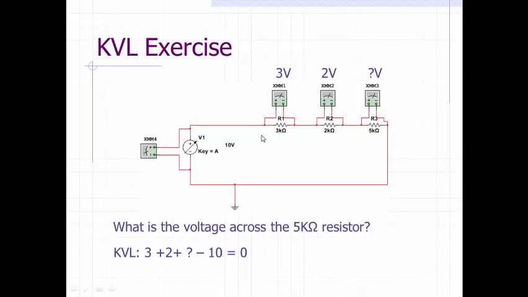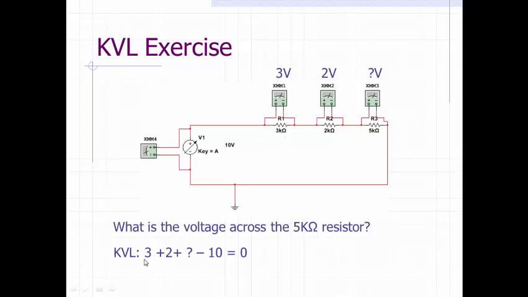KVL, we can consider a loop. This loop, we can go clockwise. And since it is a loop, actually you can start from anywhere you want. For example, I will start from here. So the voltage drop, because I'm counting all the voltage drops, the voltage drop on this 3k ohm resistor is 3 volts.